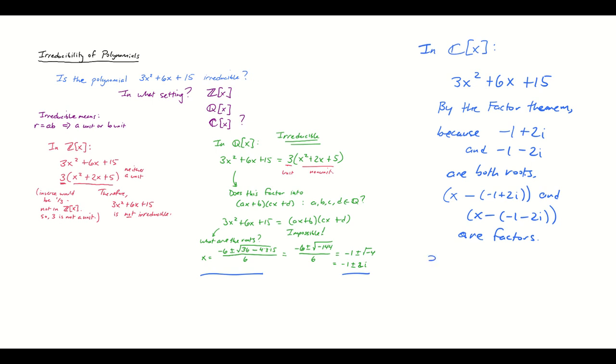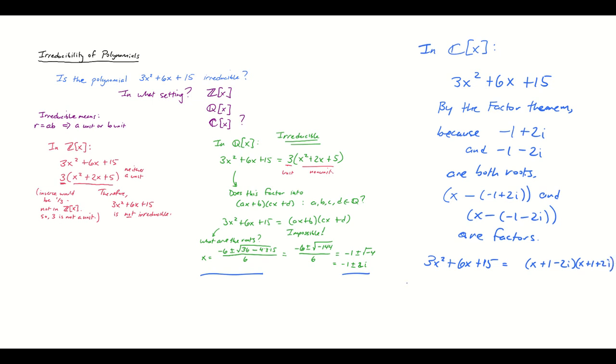And you might guess, well, so that must mean 3x squared plus 6x plus 15 equals, what is that? That's (x plus 1 minus 2i) times (x plus 1 plus 2i). Sorry about that, that's a little small there.